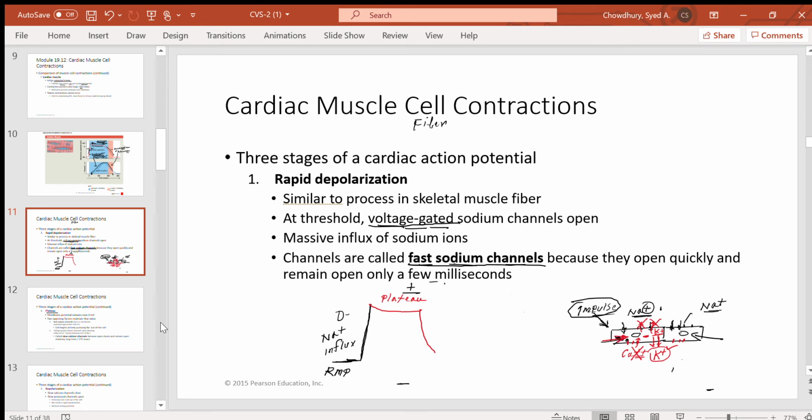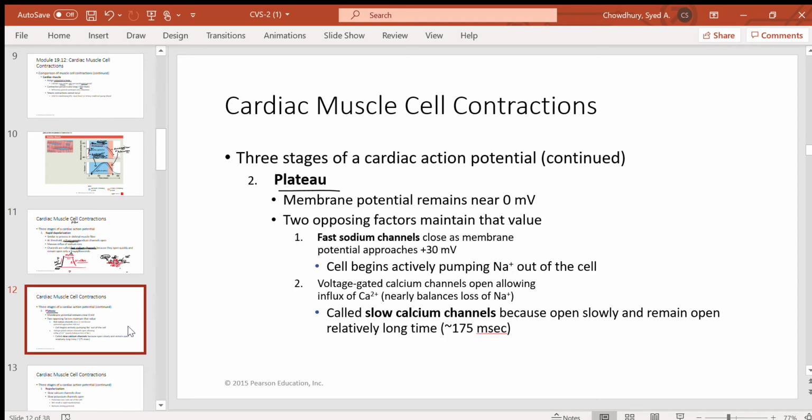So the voltage will move towards negative, that means less positive, and that is due to potassium efflux or exit. And that is the repolarization. So depolarization, plateau, repolarization. That's how the cardiac muscle action potential takes place.